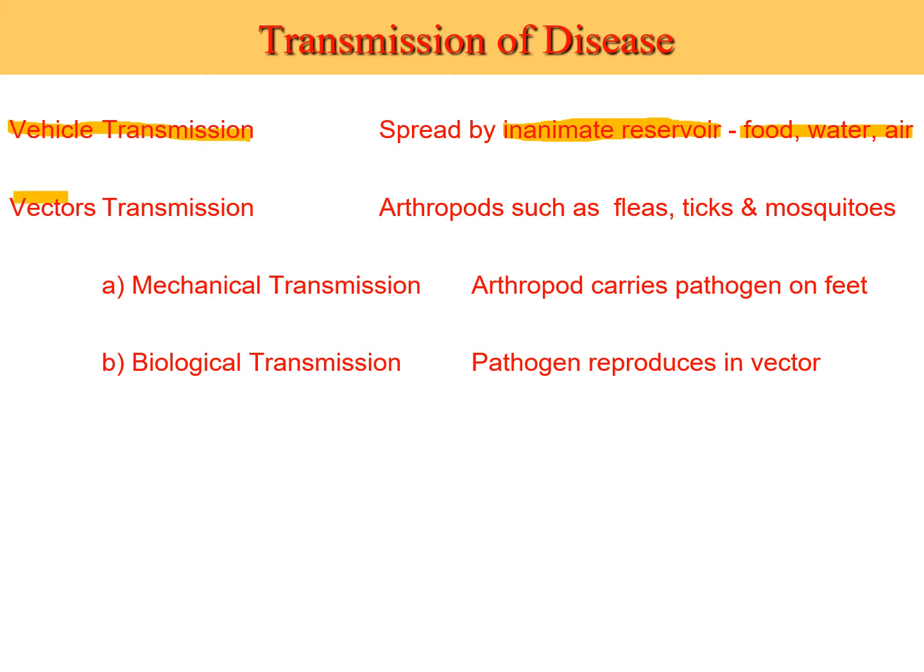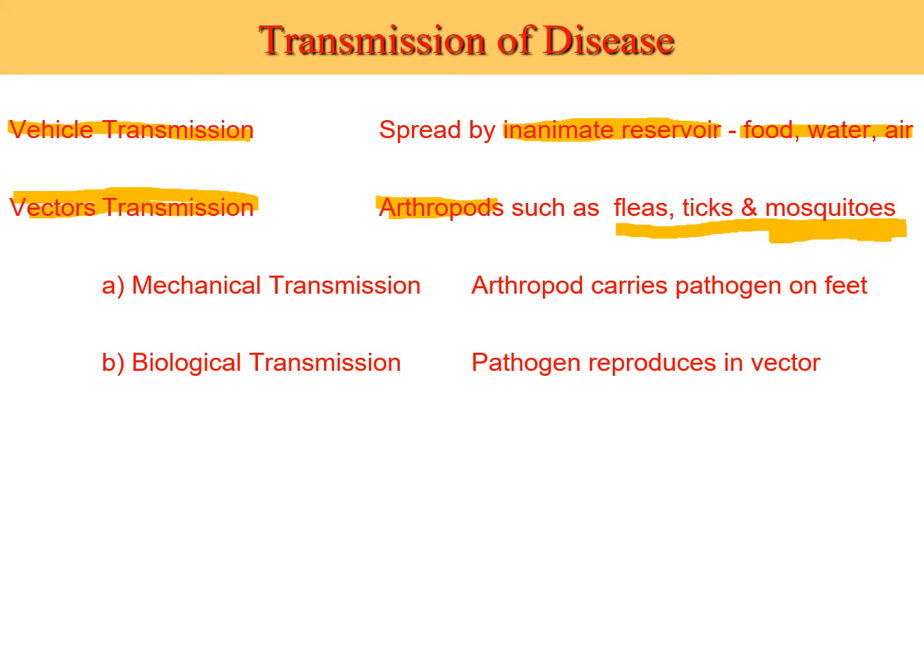Vector transmissions are mediated typically by insects or arthropods. Some examples, not all the ones that are out there, are fleas, ticks, and mosquitoes. It's usually a certain species of these for each of the different diseases. But fleas, ticks, mosquitoes can all act as insect vectors for transmission.